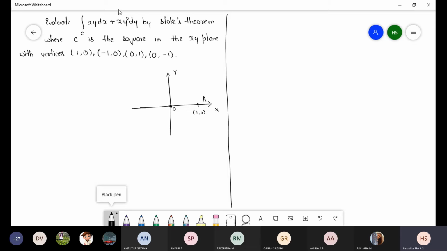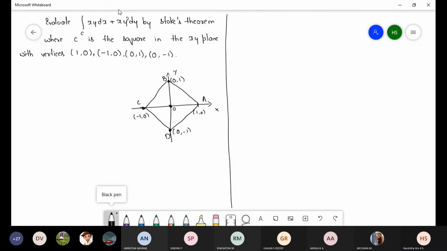I call this one A. Next, here (0, 1), I call this one B. Here (minus 1, 0), C. Here (0, minus 1), D. Now join all the points. So this is the graph of the given vertices.